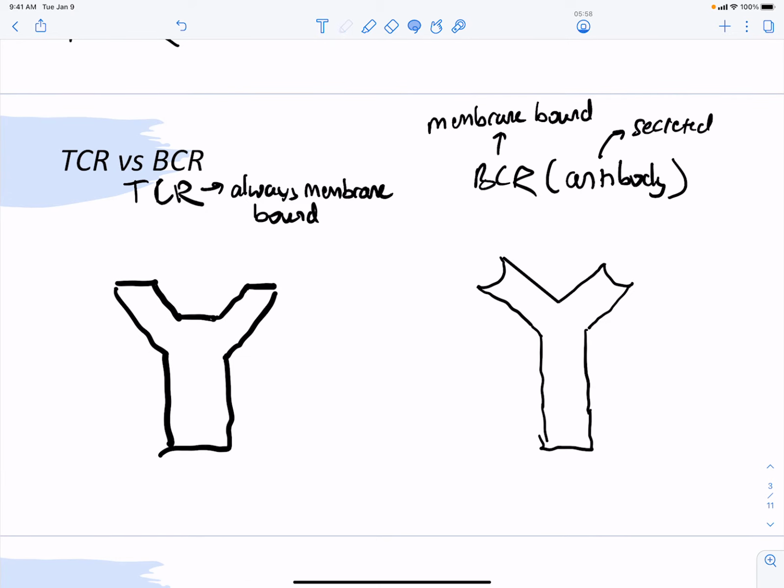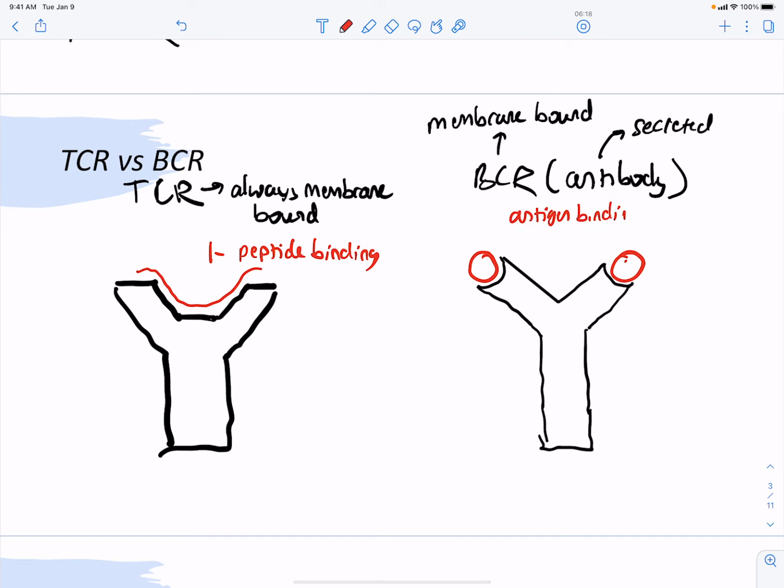Okay, so now they look a little bit similar, but I'm going to show you right now how they're different. This is your peptide binding site, and it only has one. And over here, this is your antigen binding site, and there are two. Okay, so T cell receptor always membrane bound. T cell receptor only has one peptide binding site, whereas the B cell receptor has two antigen binding sites and can be either receptor bound as a B cell receptor, or it can be secreted as an antibody.